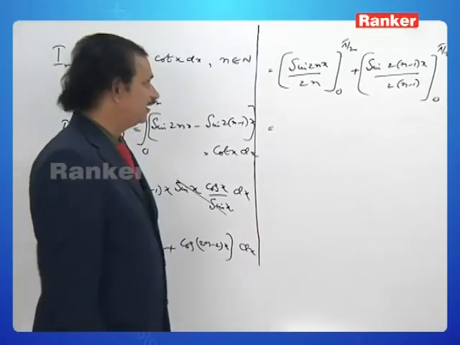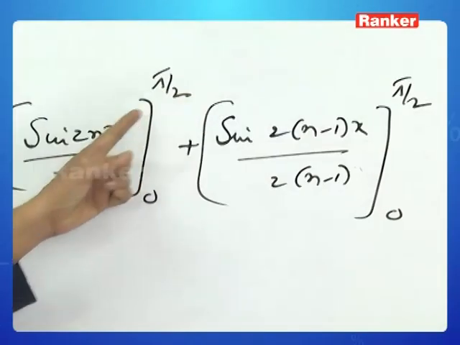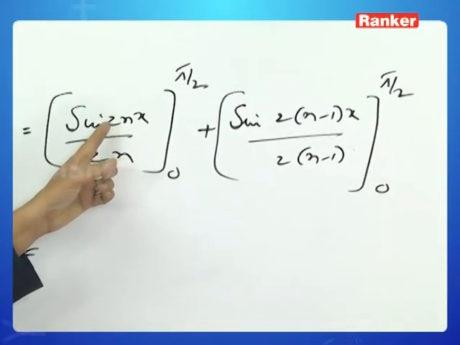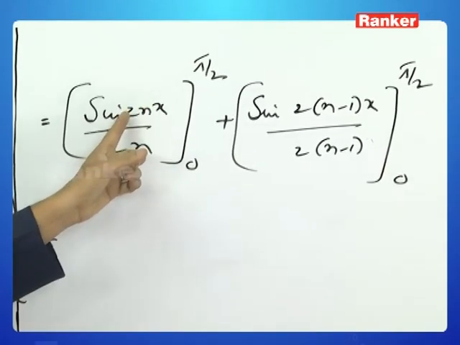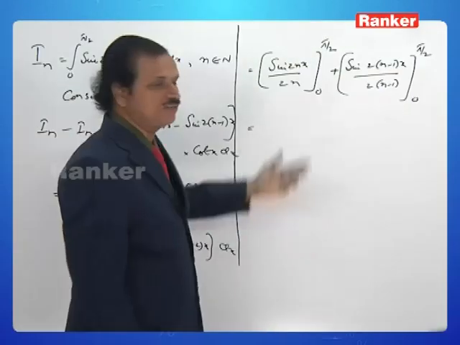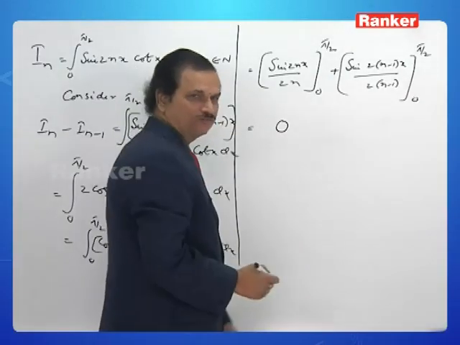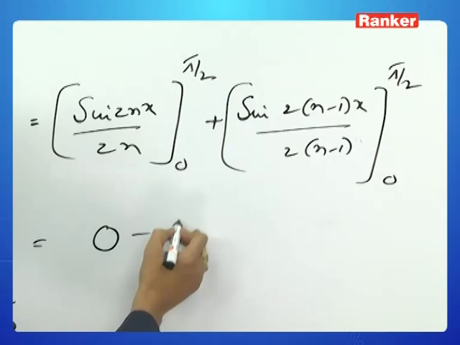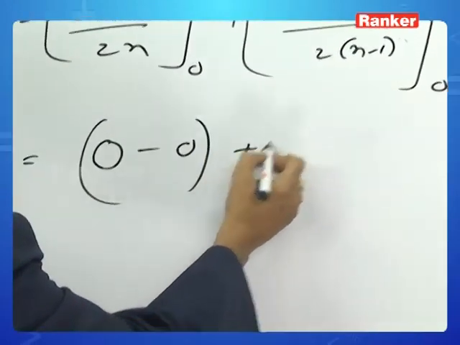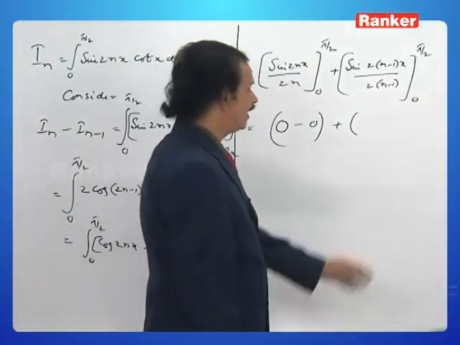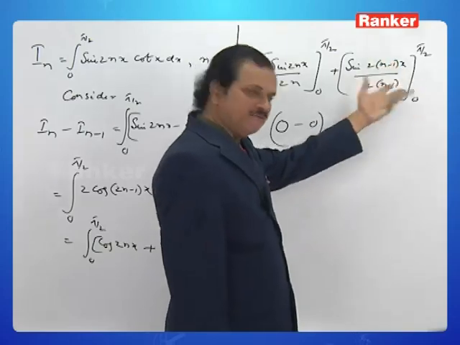Observe it carefully. If you take pi by 2, 2 into pi by 2 is pi, sin n pi is 0. If you take 0, already it is 0. Plus, if you take pi by 2, n minus 1 pi you will be having, even that is 0.